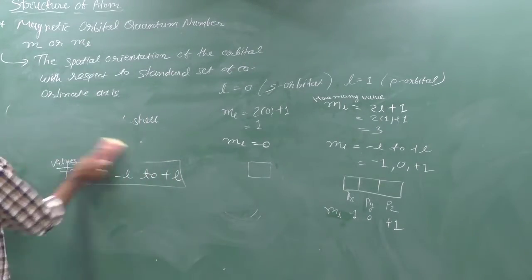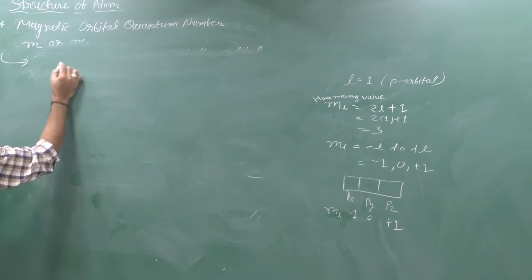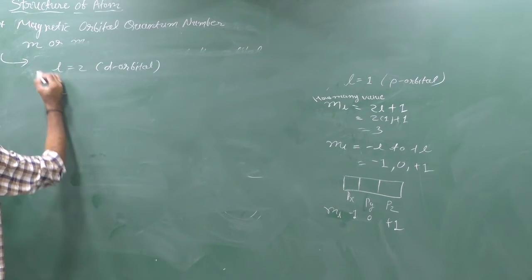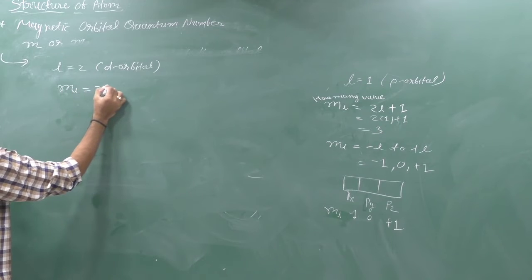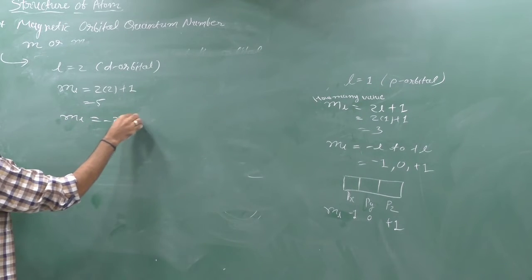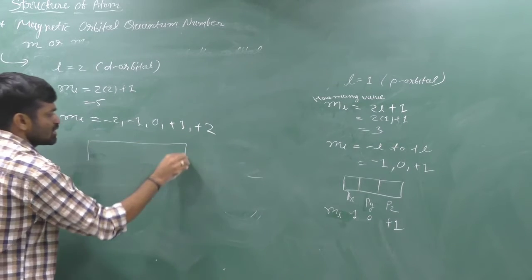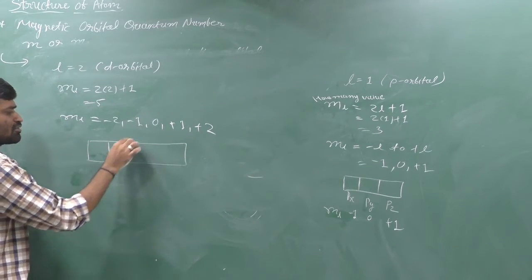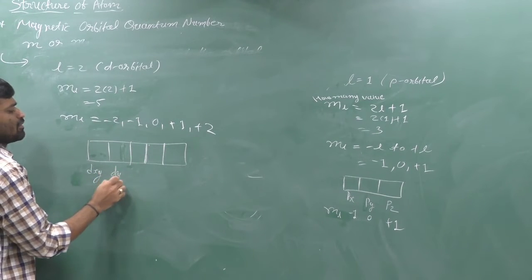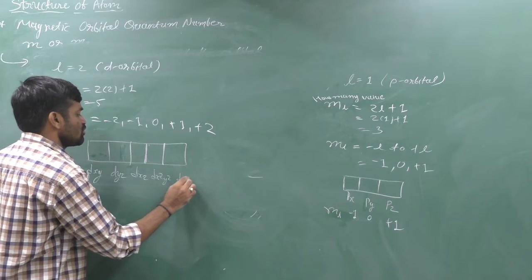Suppose we have a d orbital, L is equal to 2. Then the number of values is 2 into 2 plus 1, 4 plus 1, 5, which means ml is minus 2, minus 1, 0, plus 1, plus 2, from minus L to plus L. So the d cell has 5 subcells: dxy, dyz, dxz, dx square minus y square and dz square.